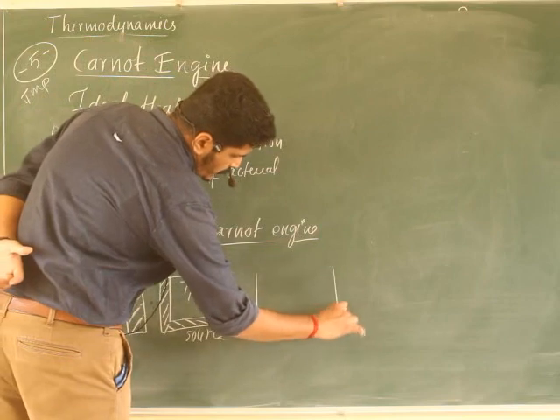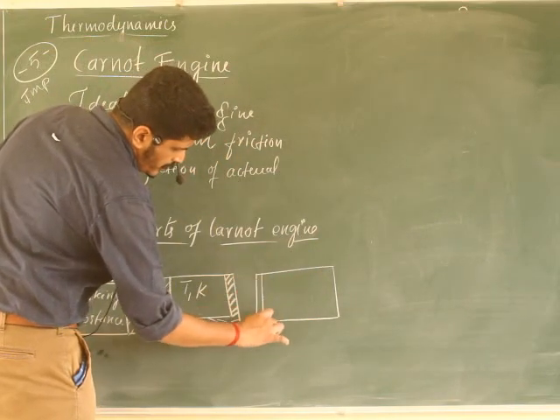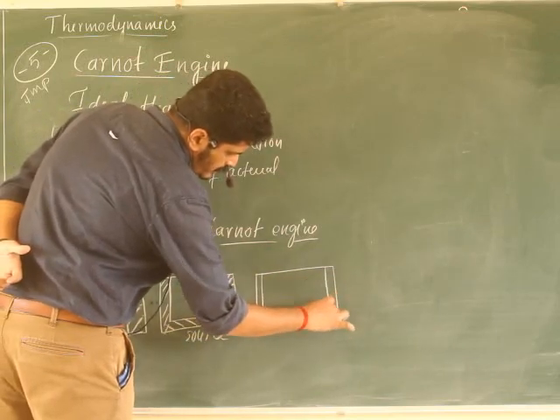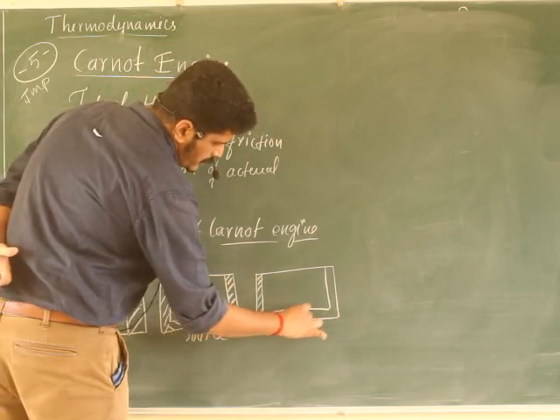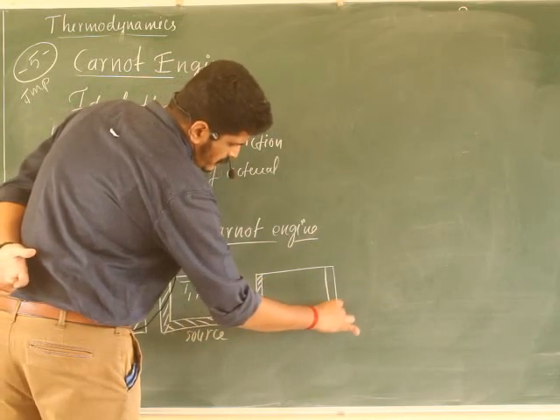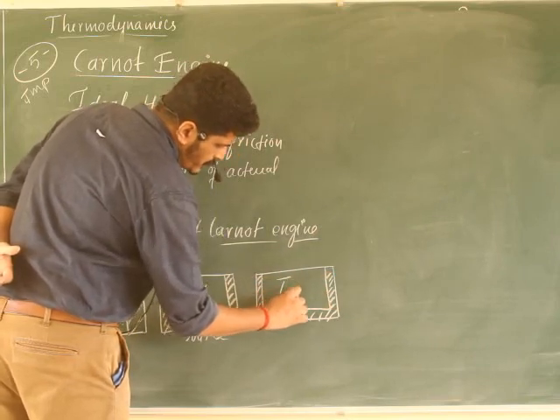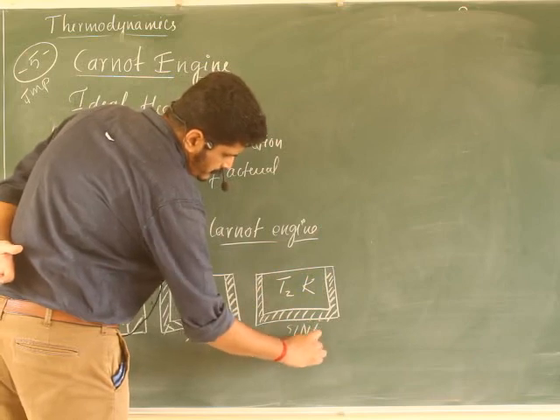It is not the sink or basin you use at home. It sounds similar, but this sink is different. It is the heat sink. It will absorb heat, and is maintained at low temperature, that is T2 Kelvin.